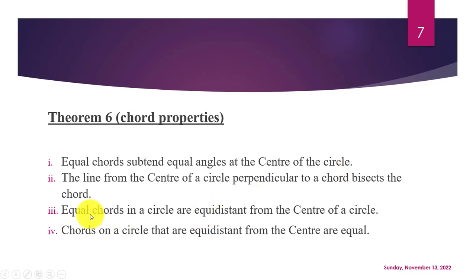The third property says that equal chords in a circle are equidistant from the center of the circle. And the fourth one says that chords on a circle that are equidistant from the center are equal. So the vice versa of point 3 is point 4.